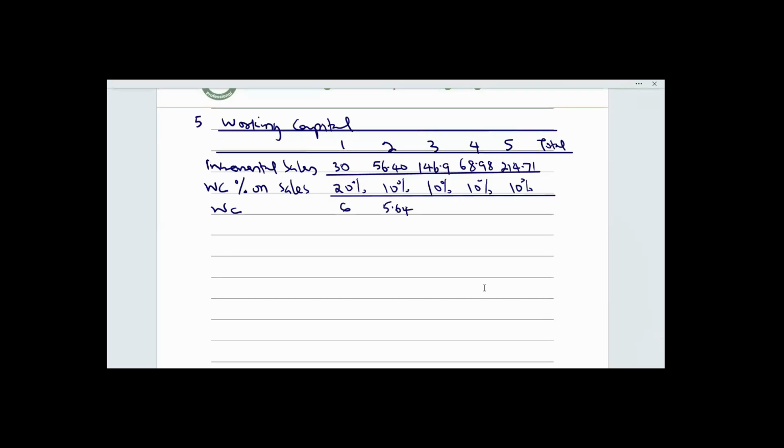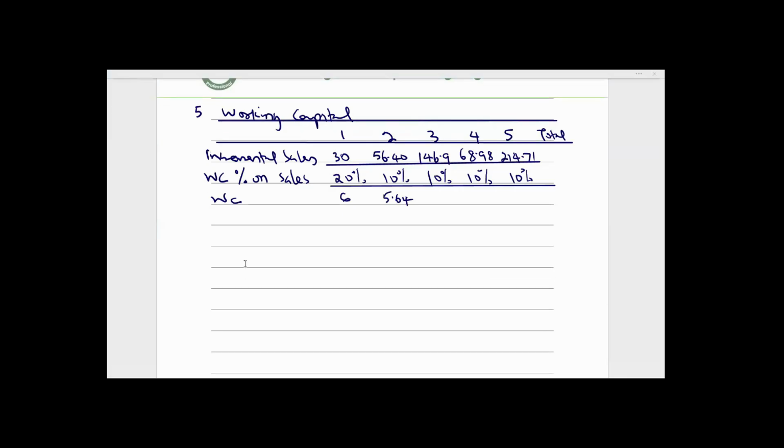Let me confirm that. 56.4 multiplied by 0.1. That's 5.64. Okay. Then this one will be 14.69. This one will be 6.70, sorry, 6.90. Let me confirm. 68.98 multiplied by 10%.